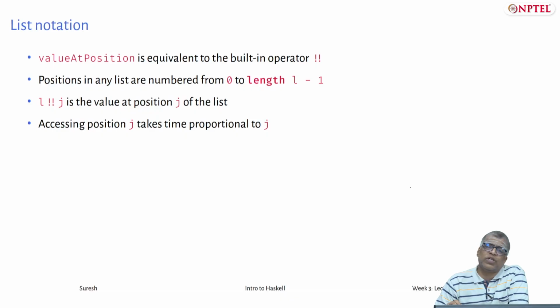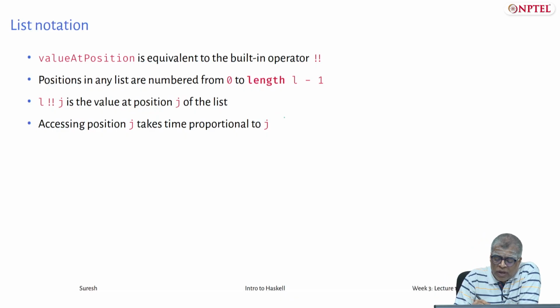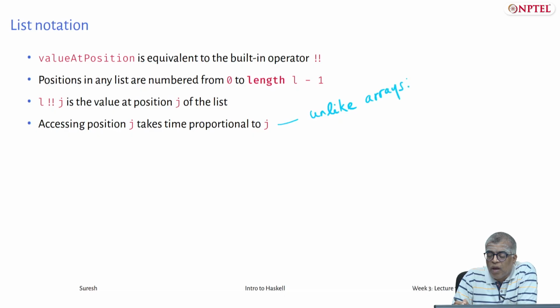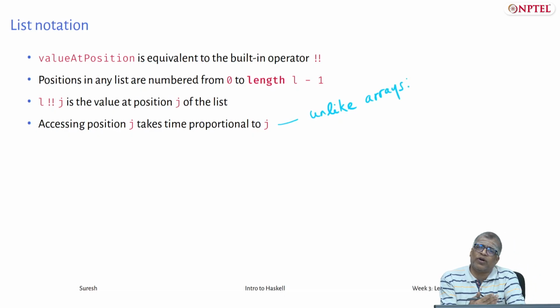And accessing position j is not a constant time thing, unlike arrays. Because this bang bang is nothing but the function value at position that we defined earlier, and as we saw there, value at position n of x colon xs is nothing but value at position n minus 1 of xs.